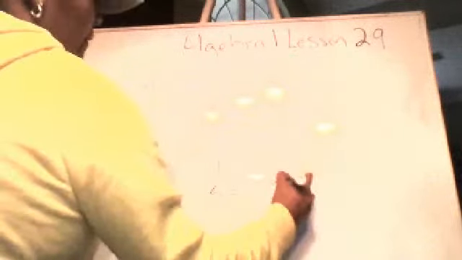So we have 1 over 5 squared is equal to 5 to the negative second power. Let's look at 1 over 5 to the negative 2 is equal to 5 squared. Okay, so let's look at the formal definition of that.